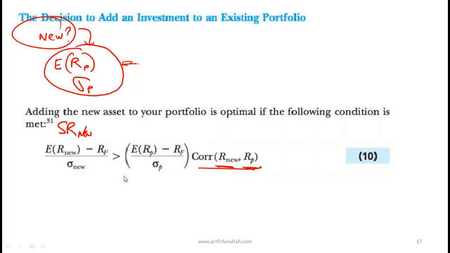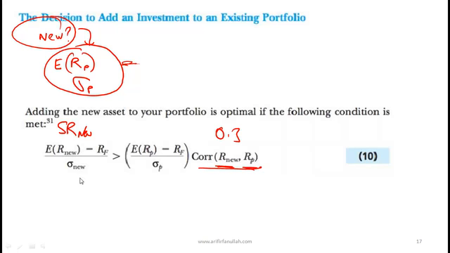And how can you remember this? Imagine that the correlation is 1. If the correlation is 1, then clearly if the Sharpe ratio of the new asset is more than the Sharpe ratio of the existing portfolio, it makes sense to add. What if the correlation is low? It's, let's say, 0.3. If the correlation between two assets is 0.3, then even if the Sharpe ratio is slightly lower for the new asset, then given the diversification benefit, it would still make sense to add.